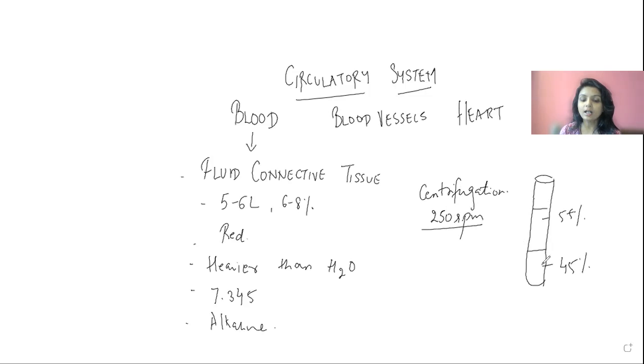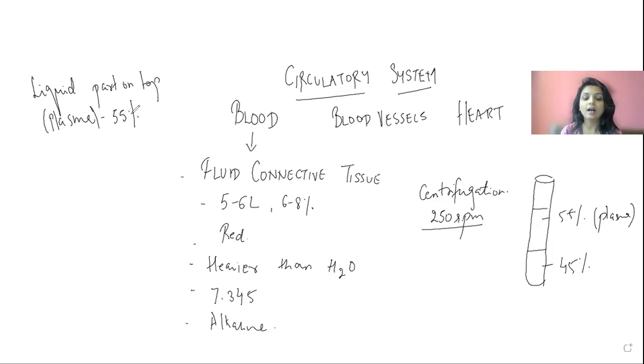Now, the liquid part on the top is nothing but what? The plasma. So I'm going to write down here the liquid part on the top of the centrifugation. That is plasma, which makes up 55% of the blood.